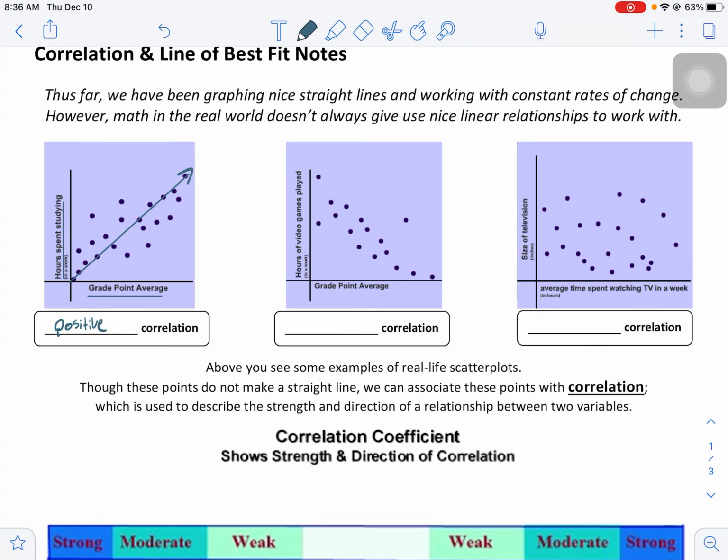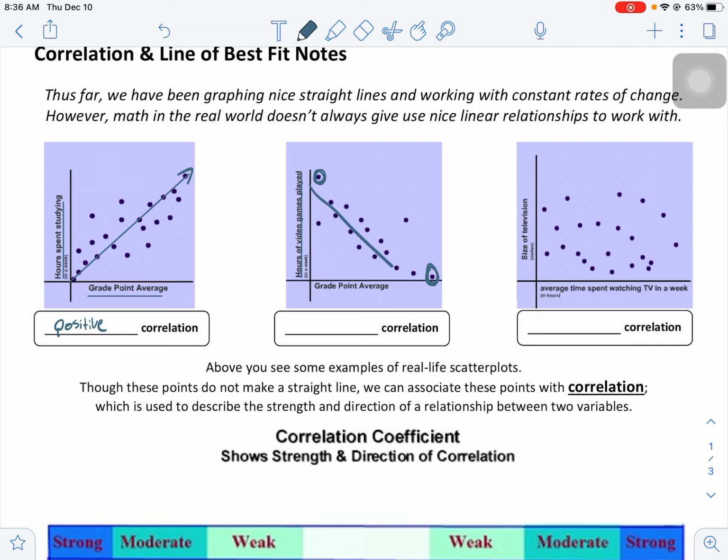The next one is saying that our grade point average would be high based on the hours of video games that we play. So if we play a lot of video games, we would have a lower grade point average, versus if we spent not a lot of hours on video games, because it's lower in the y direction, we would have a higher grade point average.